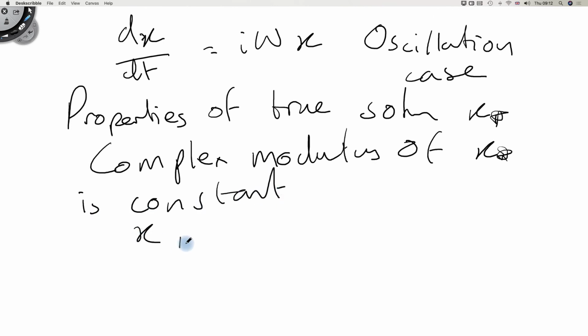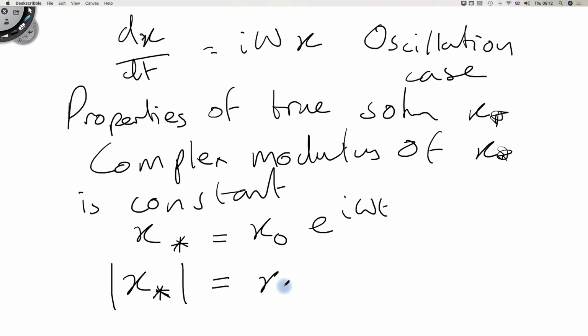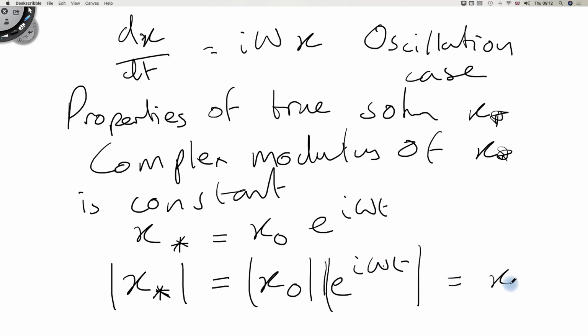If x star is x0 e to the i omega t, where x star is complex and x0 is complex, then the complex modulus of x star is the complex modulus of x0 times the complex modulus of e to the i omega t. And of course the complex modulus of e to the i omega t is simply 1, so it's simply the modulus of x0, where x0 is a plus ib, our initial conditions.